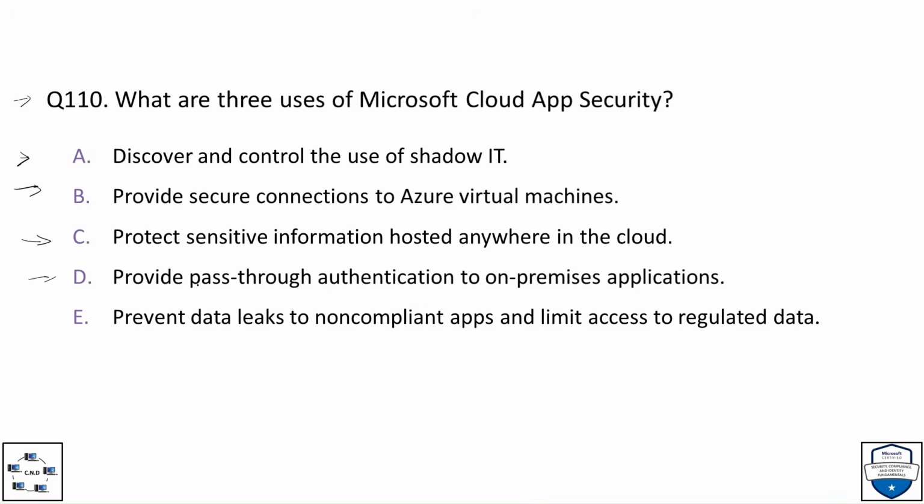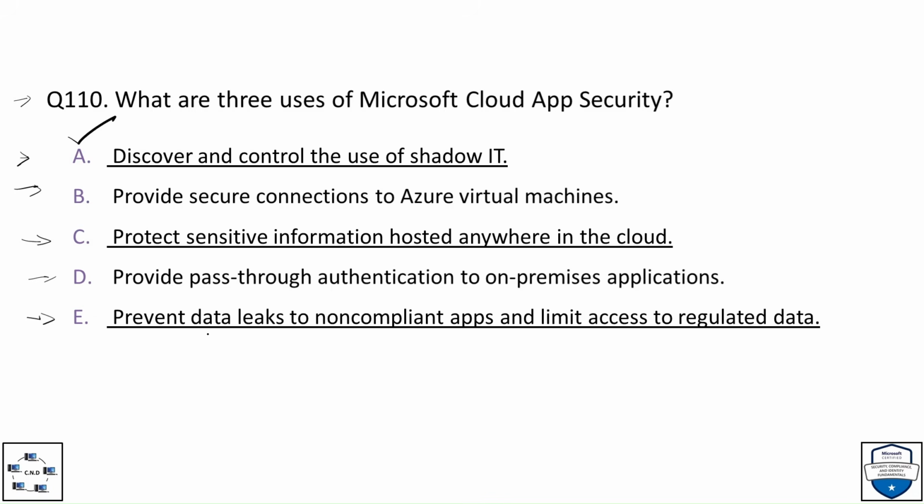Option D, provide pass-through authentication to on-premises applications. And option E, prevent data leaks to non-compliant applications and limit access to regulated data. And the correct options are option A, discover and control the use of shadow IT, and option C, protect sensitive information hosted anywhere in the cloud.